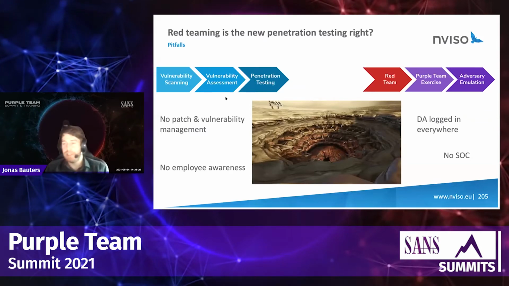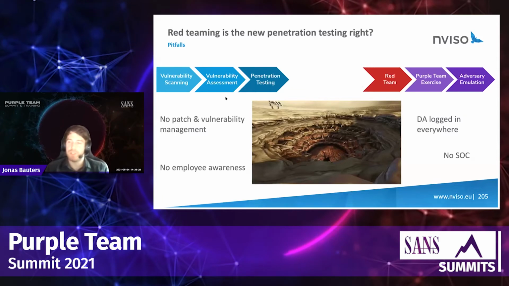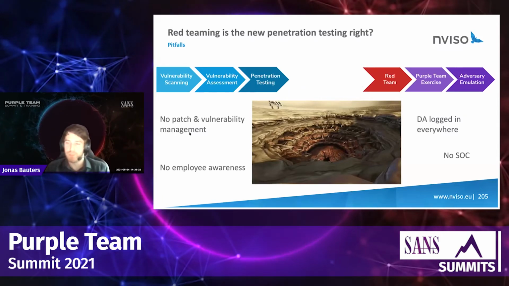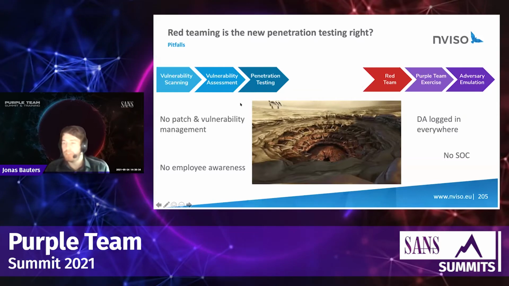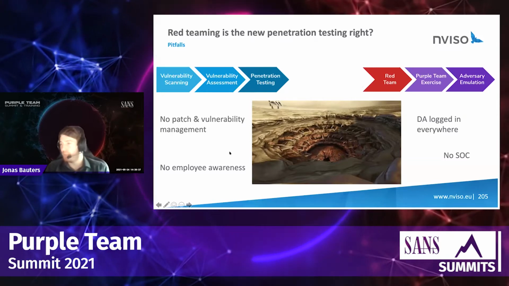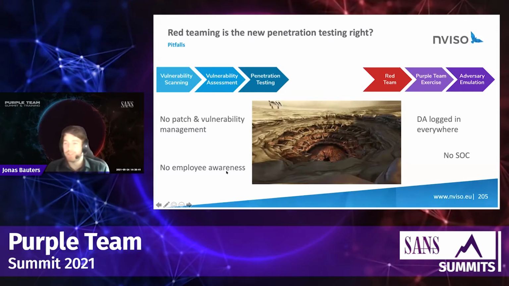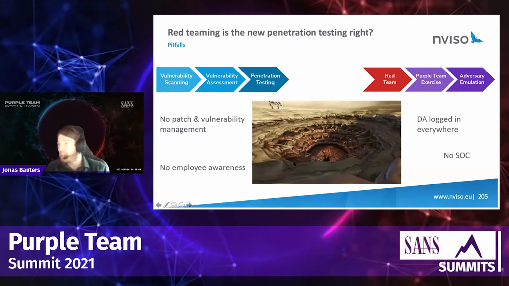So often there is a lack of processes around these technical issues. For example, no patching and vulnerability management. The traditional pen testing does not validate employee awareness as well. So that's also not executed, not done, and not ready for red teaming.